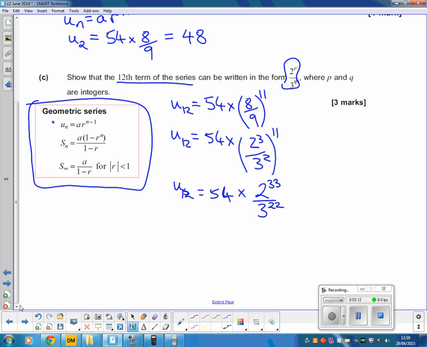Now we need to write 54 in terms of 2 and 3. It's something you might remember from the college days about these factor trees. So how do we do that? Well, we write down 54. Is 54 divisible by 2? Yes, it is. So 54 is 2 times 27. 2 is a prime number, so we stop.